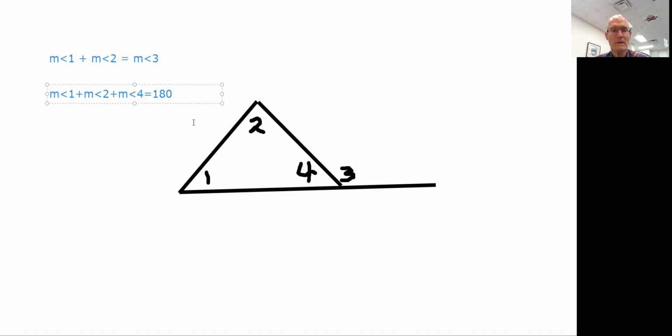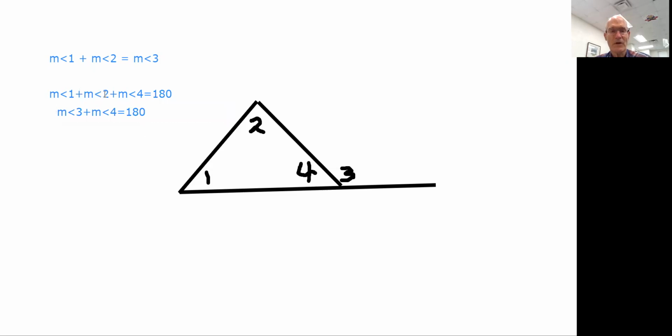Then if we look at this relationship between 3 and 4, the measure of angle 3 plus the measure of angle 4 equals 180 also.